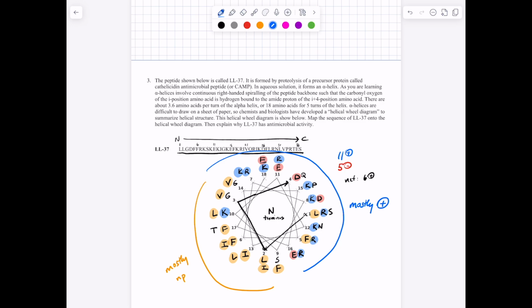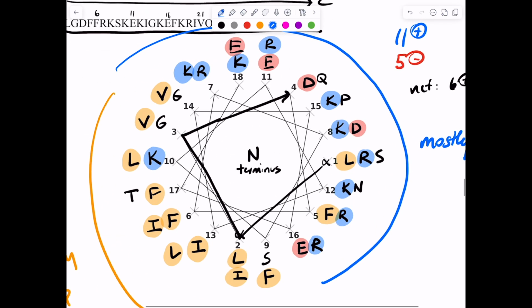However, I'm not a jerk, so I will take this helical wheel diagram and paste that on your test, and then I'll give you a sequence and I'll say, what do you think, antimicrobial or not? And if you understand the design principle and you know the amino acid definitions, not such a big deal.